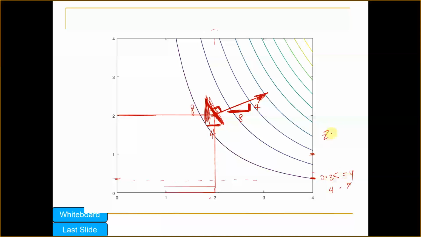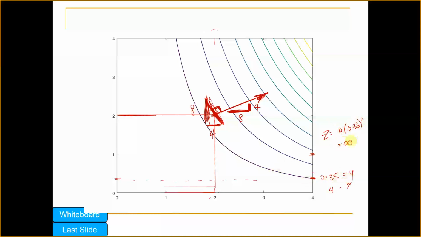So Z is equal to 4, 0.35 squared. What's that? 0.49? Okay, so that can't be right. Let's change it around.